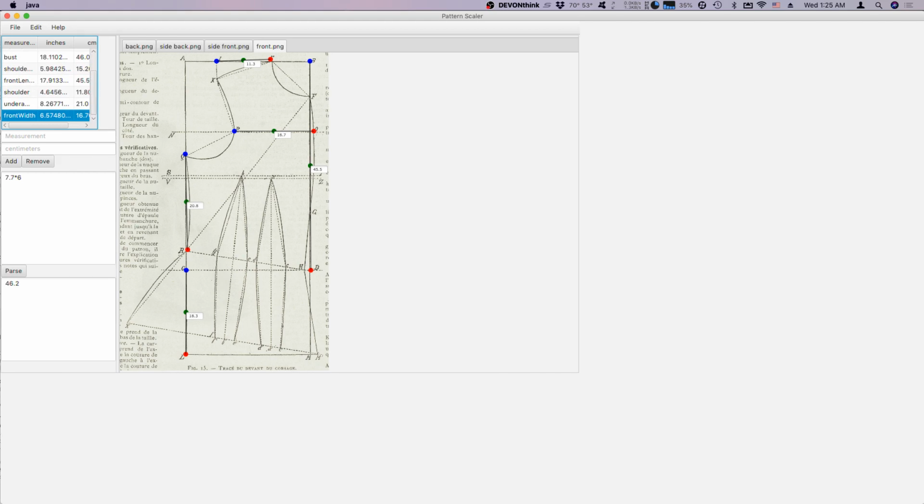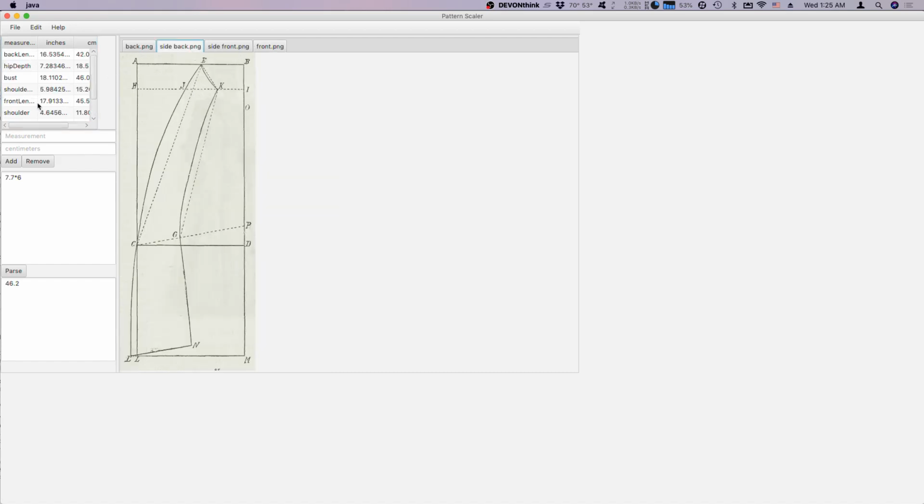Okay, the ninth measure. O, B D, side back. So depth. Yikes.